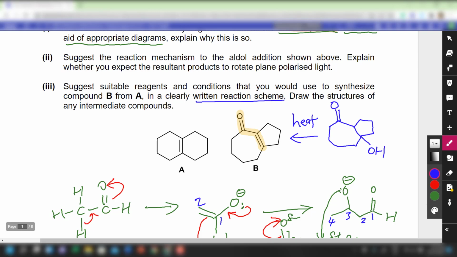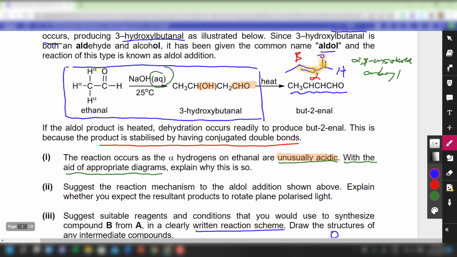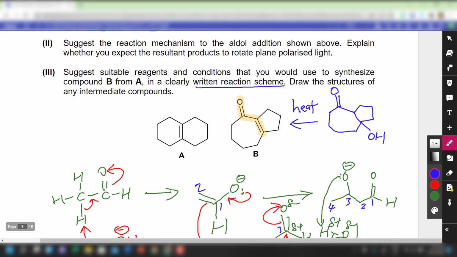Then how do we get the aldol product? To get the aldol product, you probably expect some form of aldol addition reaction. But for the earlier examples, we had two molecules coming together, whereas in our example we have two fused rings. So therefore I expect it's an internal aldol reaction.